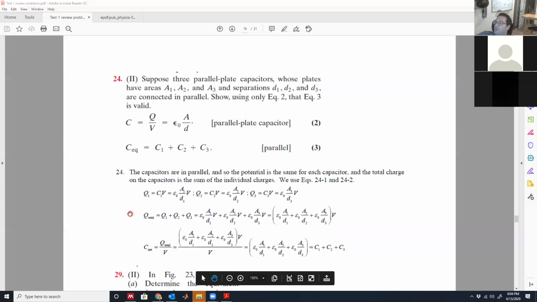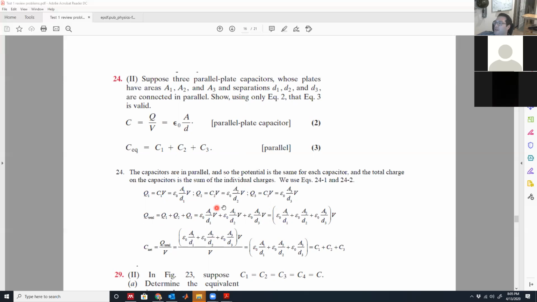Then we also know that the total charge that's developed is equal to the sum, right? The total charge that we pull from the battery is equal to the sum of the 3 plates in the 3 parallel capacitors, right? Each capacitor is drawing some amount of charge from the battery, and you sum it all up, right? And they're all kept at the same potential.